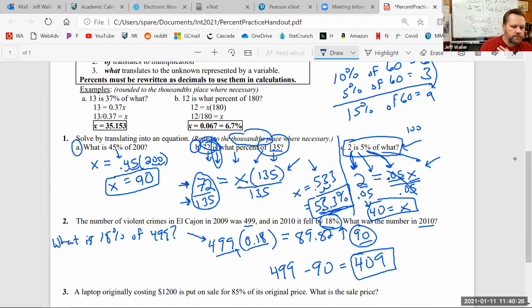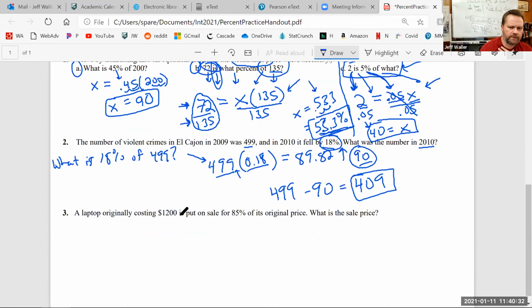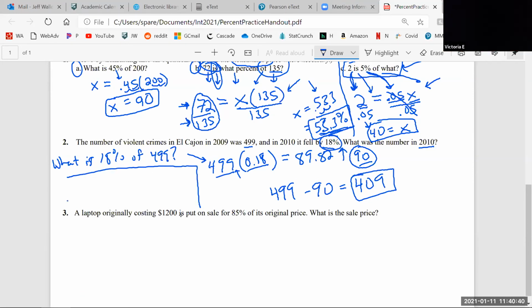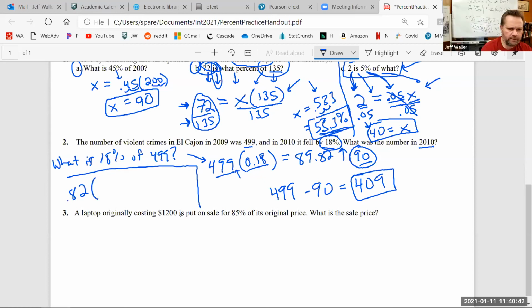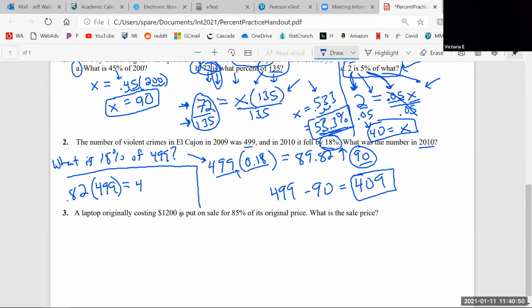Now you could do this problem in sort of one step. And if you don't quite get this, it's okay, obviously. If something falls by 18%, what percent is left? 82. If you do 82% of 499, what do you get? 409.18.